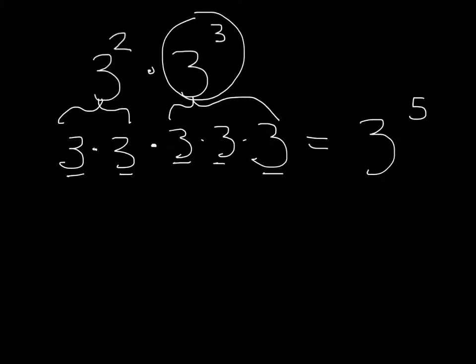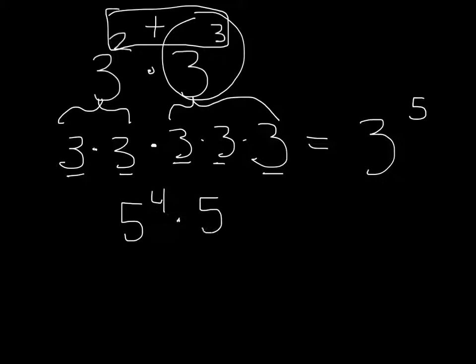So there you go. So when you multiply two exponents that have the same base, you rewrite the base, and then what happens here is that you really add them together. So let's try another one. 5 to the fourth times 5 to the third equals 5 to the what?